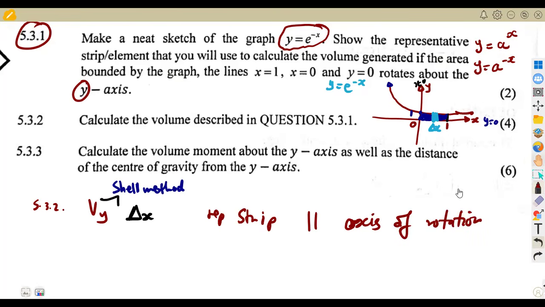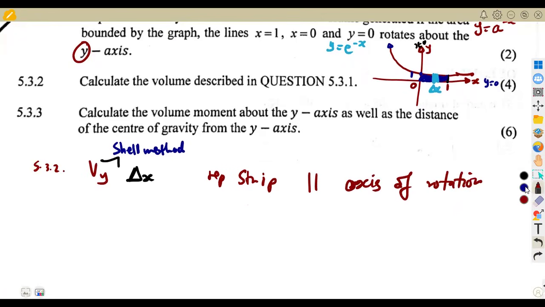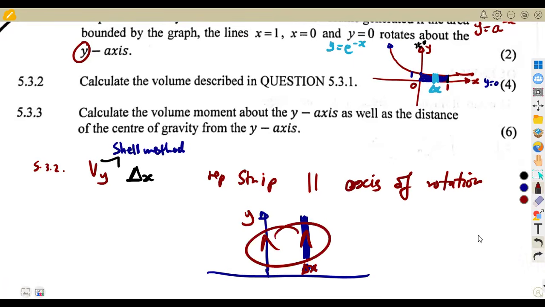This is our representative strip, like this, with respect to x. The axis of rotation, the y-axis, and the representative strip are parallel to each other. They do not meet. So when they are parallel, you apply the shell method.